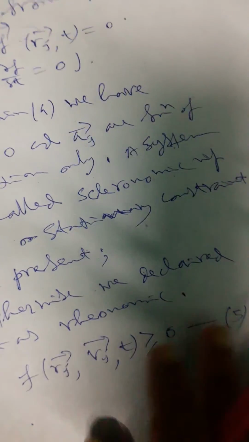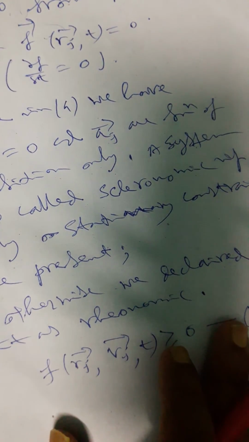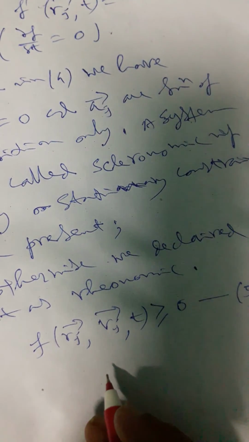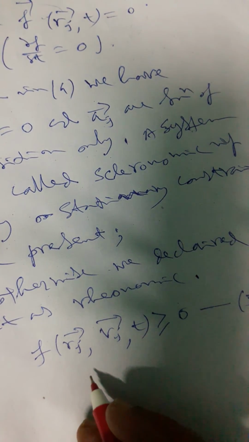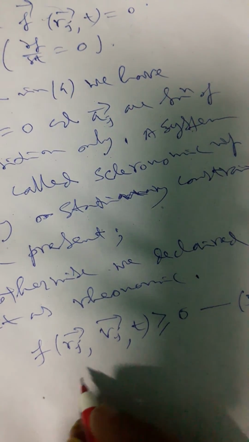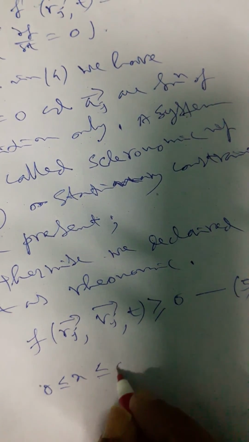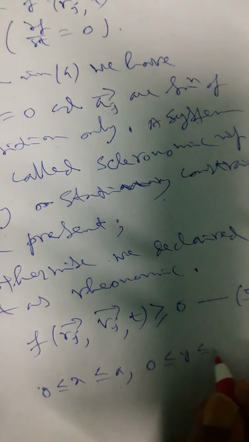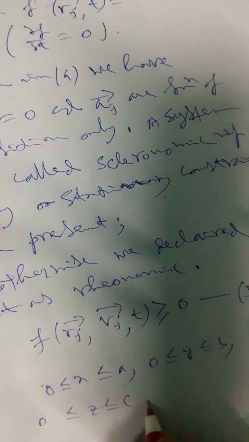As an example of this, one can think of a volume of gas confined in a box of lengths a, b, c. The motion of the gas is restricted to 0 less than or equal to x less than or equal to a, 0 less than or equal to y less than or equal to b, and 0 less than or equal to z less than or equal to c.